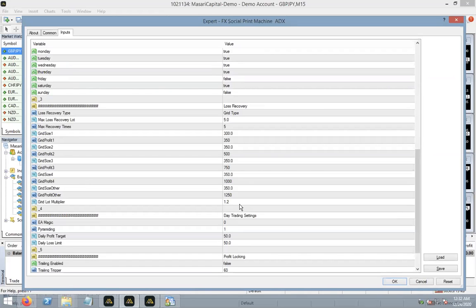But at 1.5, it's going to take way higher trades. So the higher your lot size, the more aggressive, so you can make more money. But the more risky it's going to be. If you do a 1.2 or 1.1, it's going to be way less aggressive.